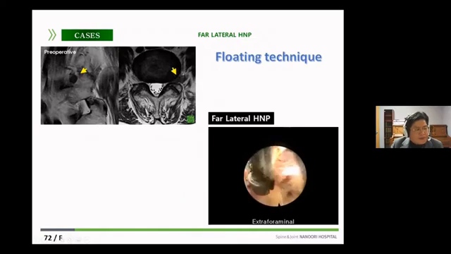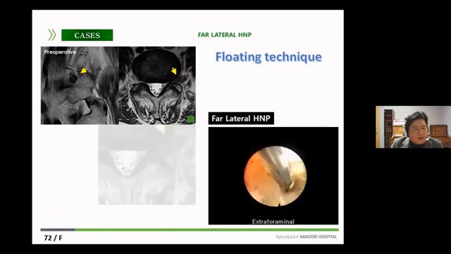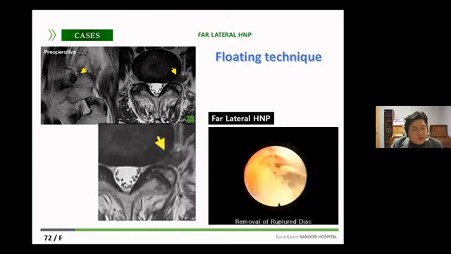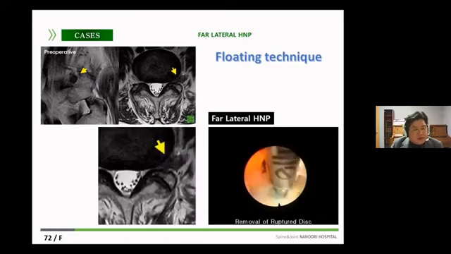If a large paracentral ruptured disc happens, it is difficult to insert the working channel because it causes severe pain during the insertion. Because of that, it can be effectively removed using the floating technique like this.